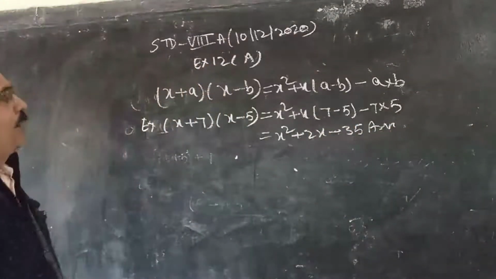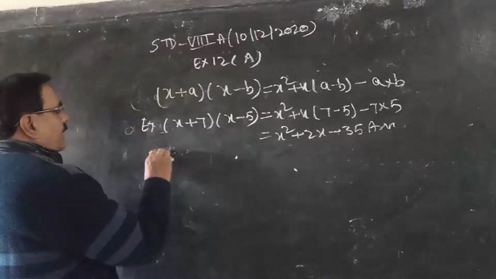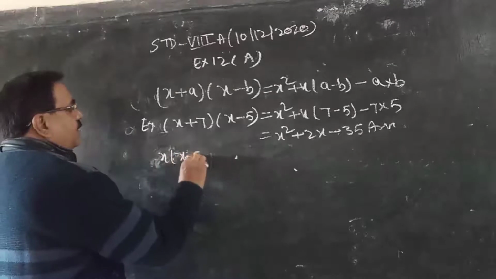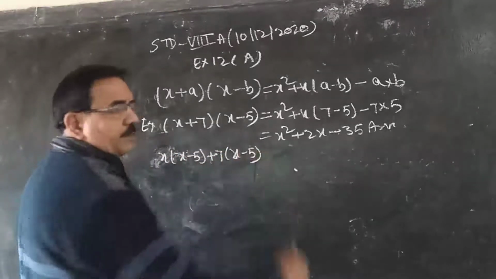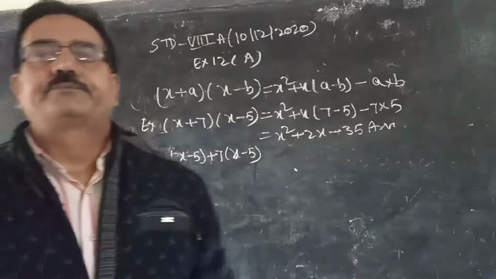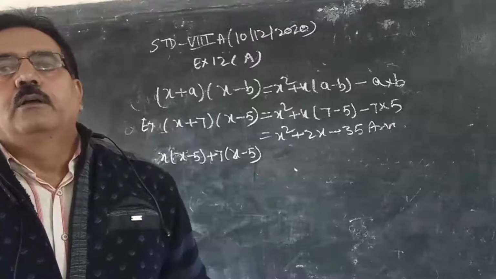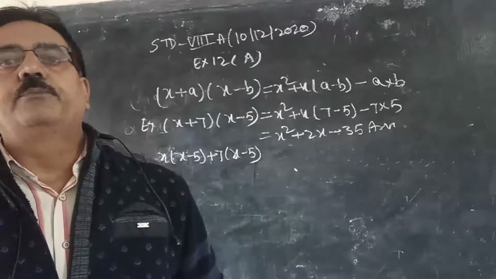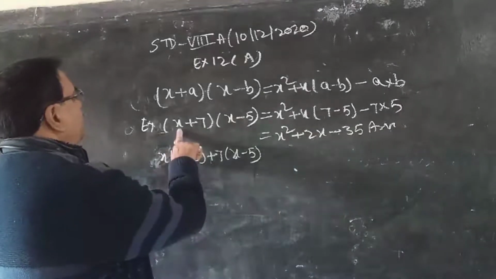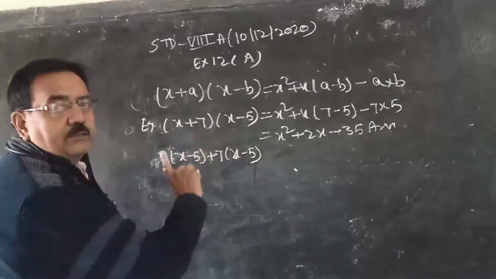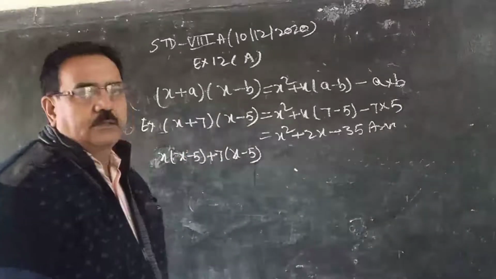Now when we multiply (x + 7)(x - 5), from x multiply the second bracket, from 7 multiply the second bracket. So both methods I am going to solve. You have to decide which one is easy for you. So x of the first bracket multiplies with the second bracket, 7 of the first bracket multiplies with the second bracket.